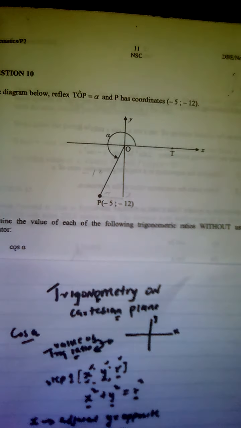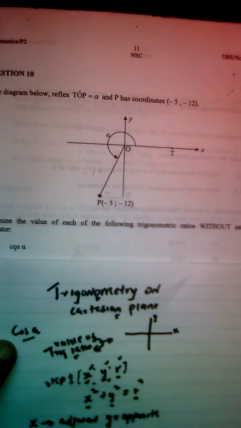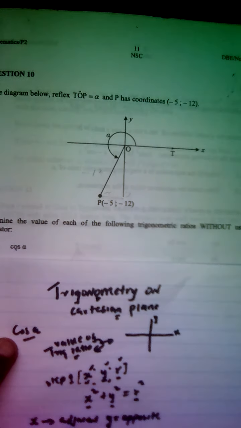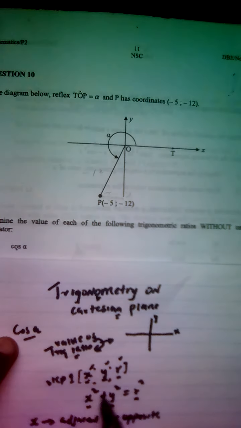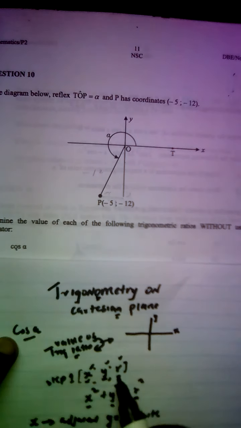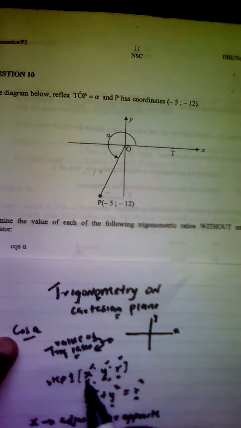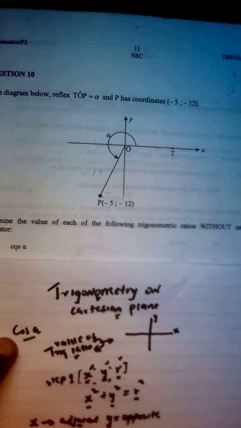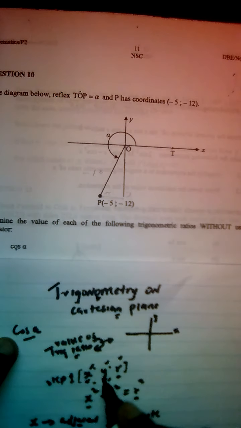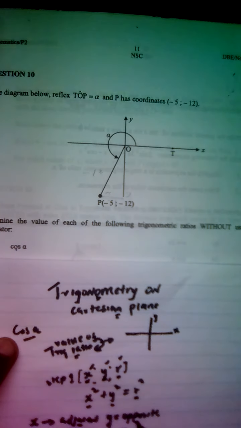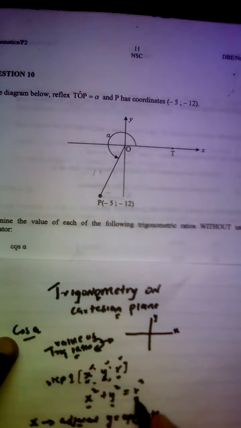It's another important concept that you have to understand. Let me simplify. In trigonometry of a Cartesian plane, it's important to determine x, y, and r, and this x represents the adjacent side, this y represents the opposite side, and this r represents the hypotenuse side.